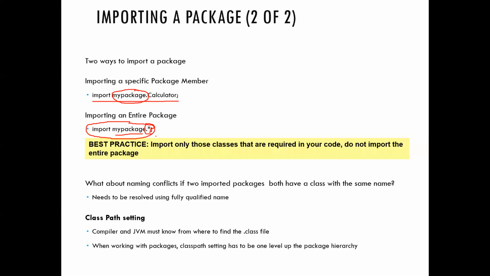This asterisk is used for that purpose. Best is to use a required member of the package rather than everything. Why? Because let's say the package has 100 classes. If you put dot star, everything gets imported into that particular class, and the class becomes very heavy.